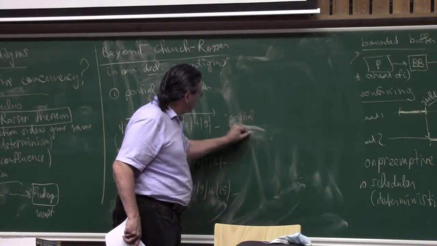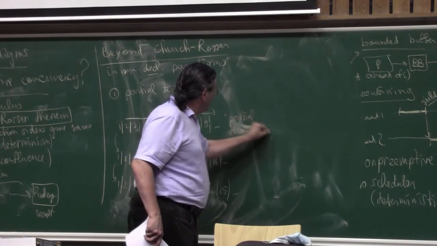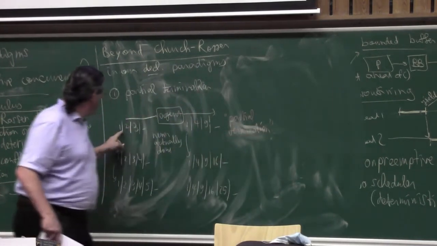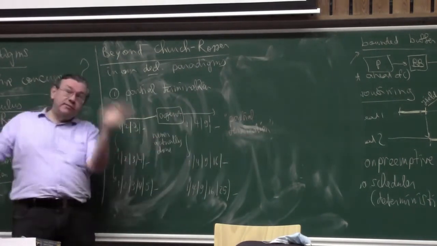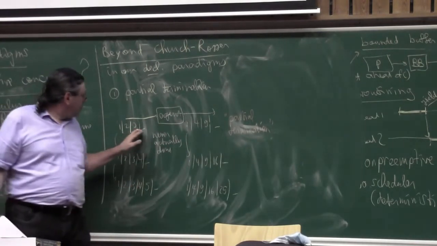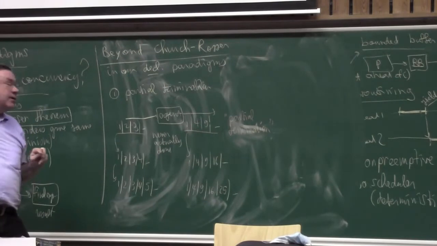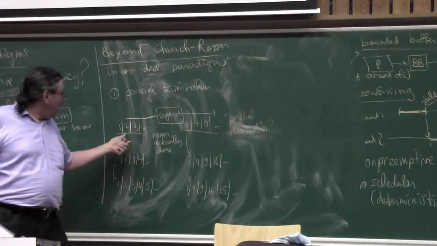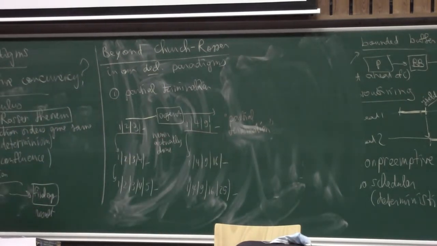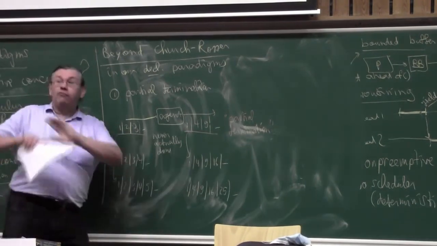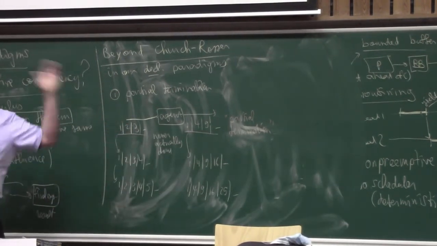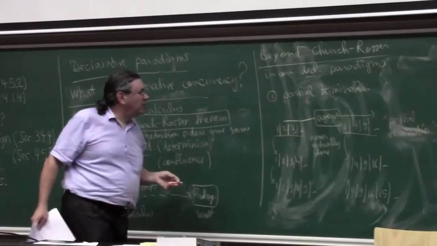Okay? So the way you can still fit Church-Rosser in there is by saying this is a partial termination. It's terminated, but only temporarily. So 1, 2, 3 gives 1, 4, 9, it's done. And if we don't give any more input, then we don't get any more output. So it's done, and in this case, Church-Rosser applies. From 1, 2, 3 to 1, 4, 9, we have perfect determinism and confluence.